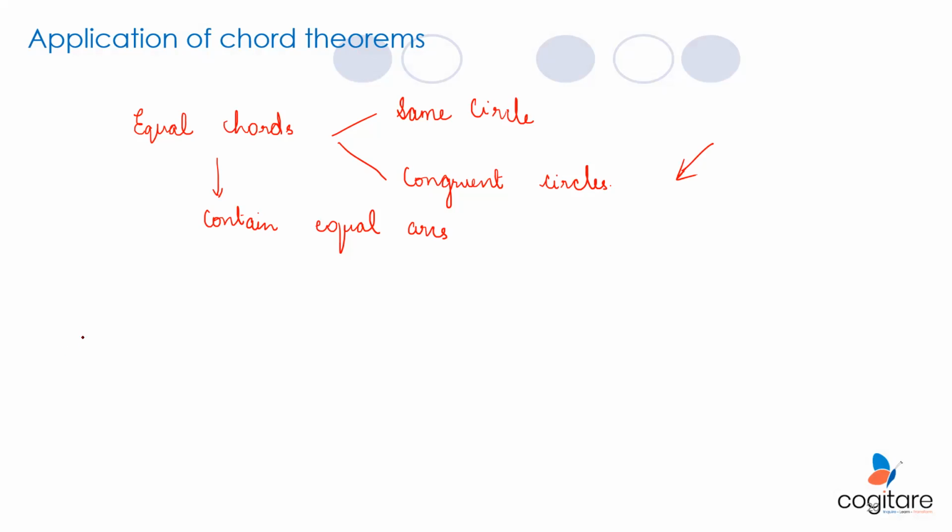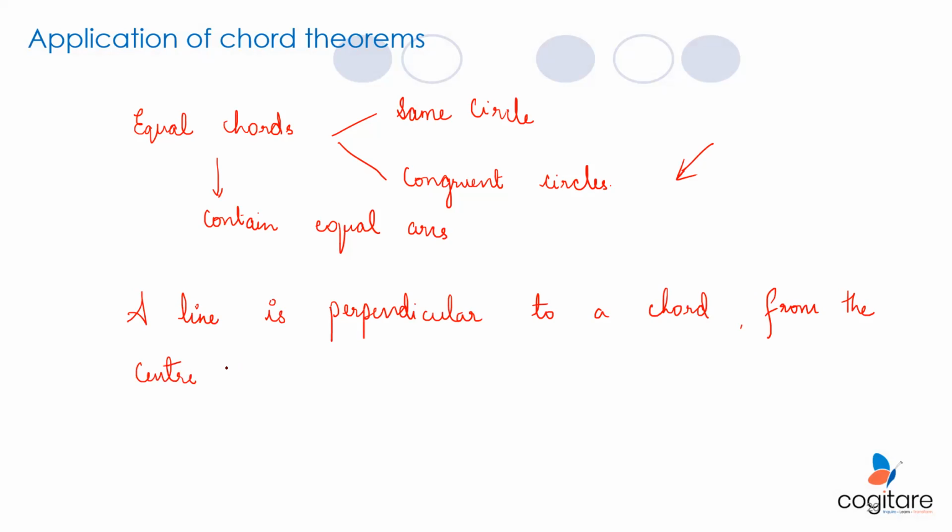So we looked at both of these, and then we looked at another important theorem which talks about a line that is perpendicular to a chord from the center of a circle bisects the chord.